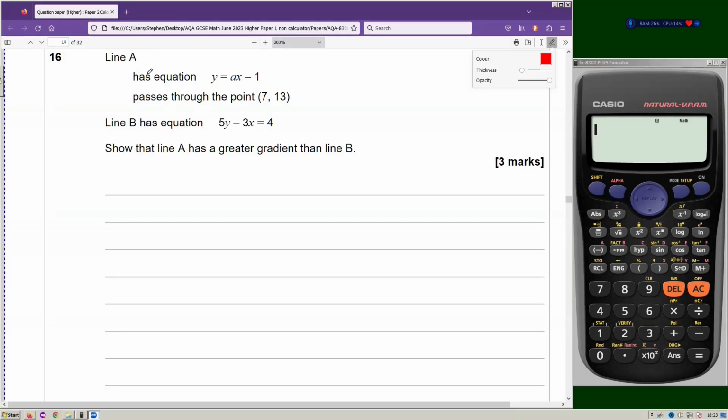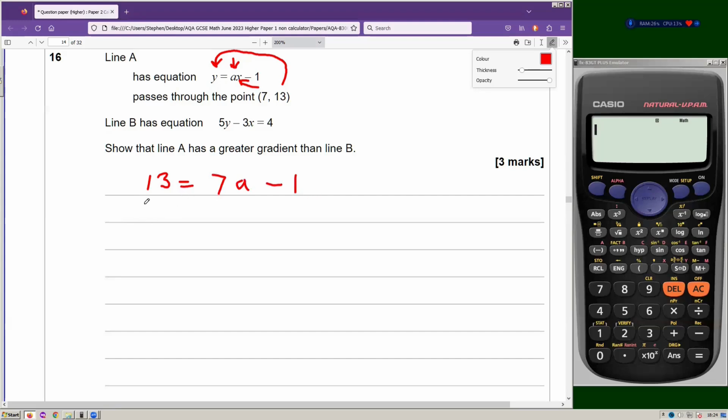Question 16, line A has equation y equals ax minus 1, passes through the point 7, 13. Line B has equation 5y minus 3x equals 4. Show that line A has a greater gradient than line B. That's our gradient, the a. Right, so let's find out what this one is first. If we put the y value in there and the x value there, 13 equals 7a minus 1.